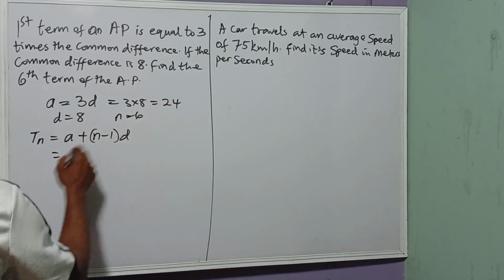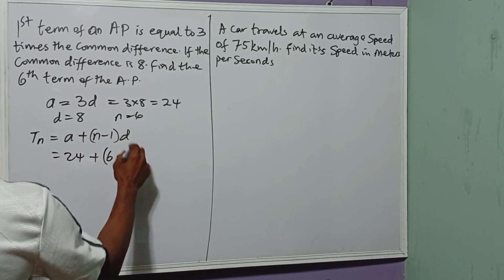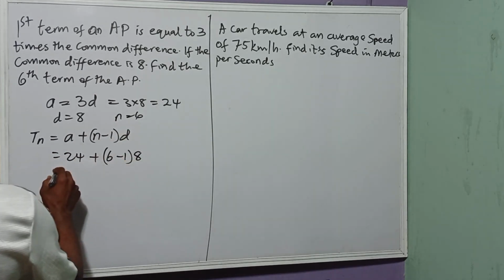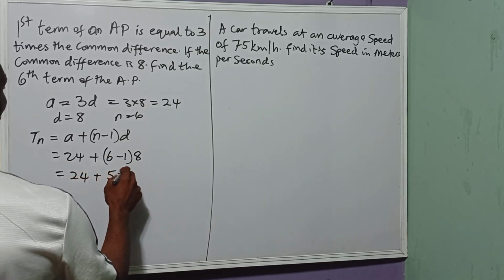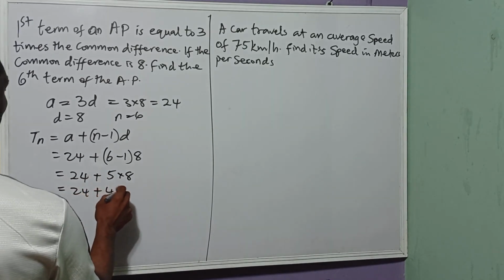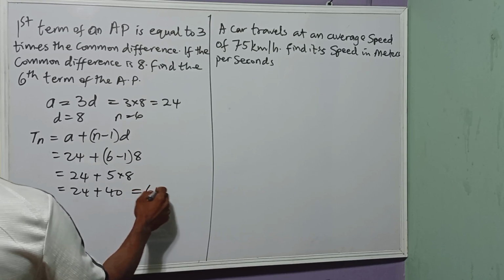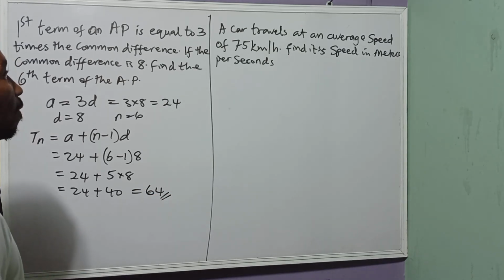Now our sixth term here will be 24 plus (6 minus 1) times 8. This gives us 24 plus 5 times 8. Now 5 times 8 will give us 40. 40 plus 24 will give us 64. So the sixth term of this sequence is 64.